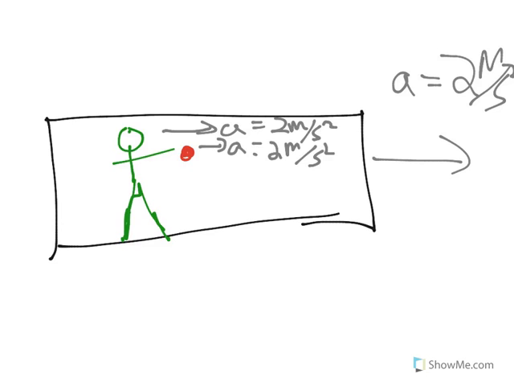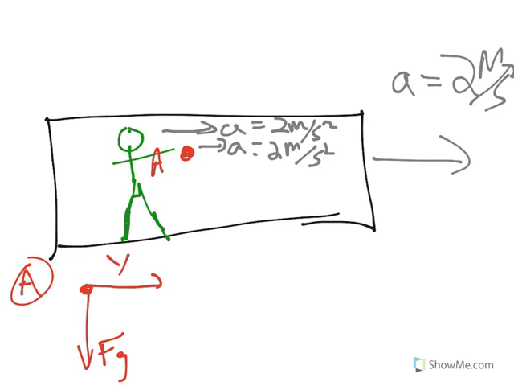But when you release the ball, as of right now, at point A, the ball has two forces acting on it. One is the force of gravity pushing it down, and then the other one is your hand acting on it.